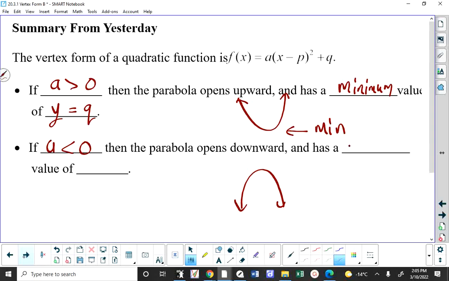So it has a maximum value of q, and it's y, right? I think it's important that if I said what is the maximum value, technically you could just say q, but you should say the maximum value is y equals q.